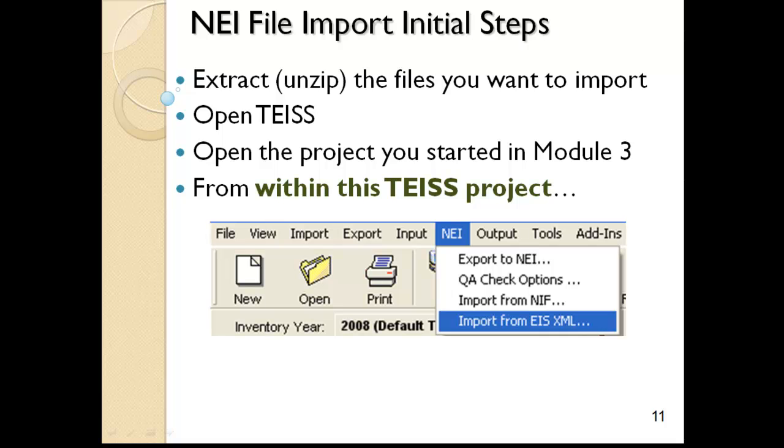After you have opened this project, from the TEISS menu, you're going to select NEI and then select Import from EIS XML as shown on this slide. This is going to be demoed after these slides, so don't worry if you're not catching all of this.